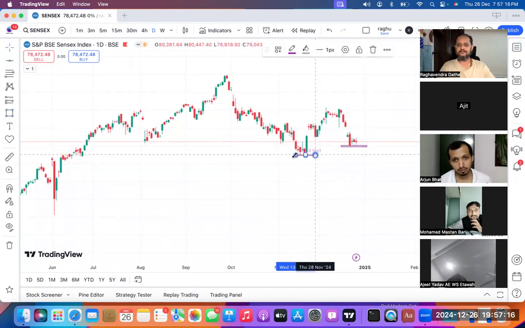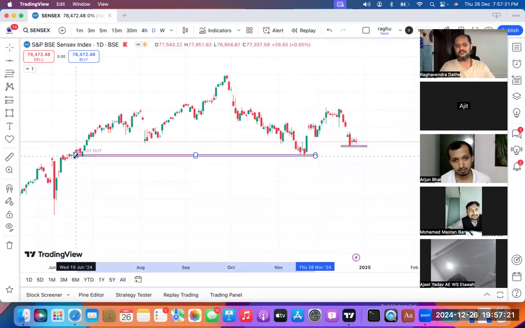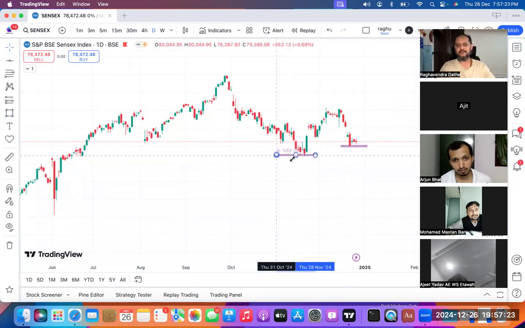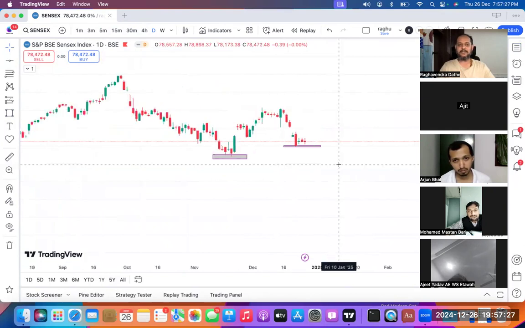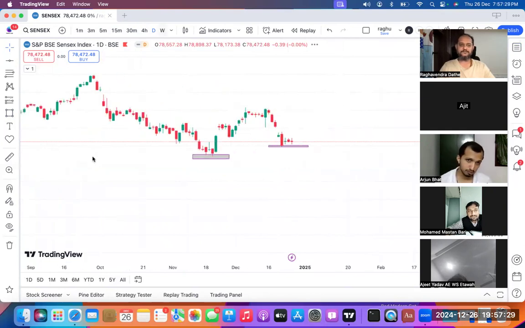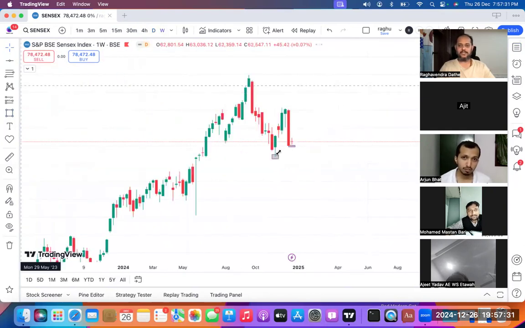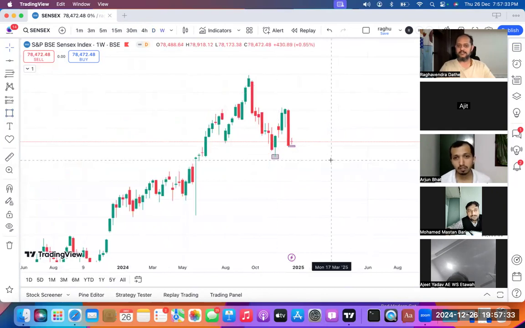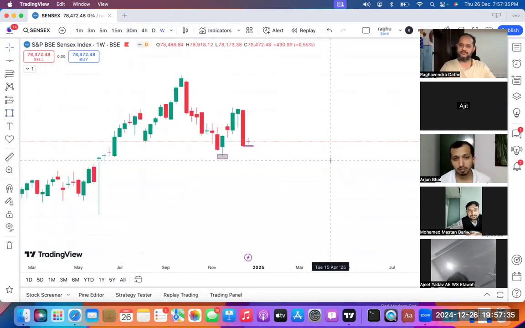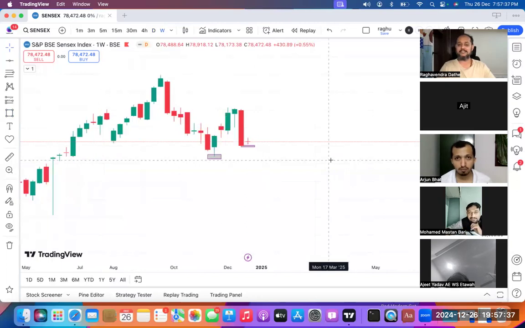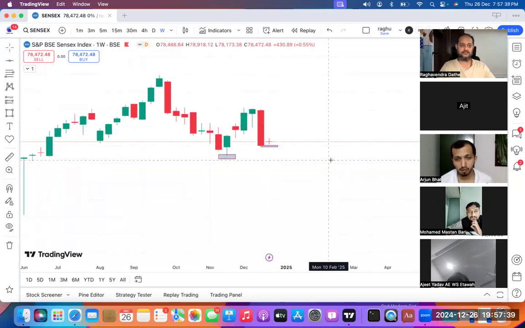If I extend, I'll get here also, but I don't want to extend because I don't want to see this side. I got my base, so I just mark it here. I got two bases. Now how do I mark the levels? I'll go to the weekly time frame, and whatever levels I mark, I'll share with you guys, so you can see tomorrow in Sensex what is going to happen.